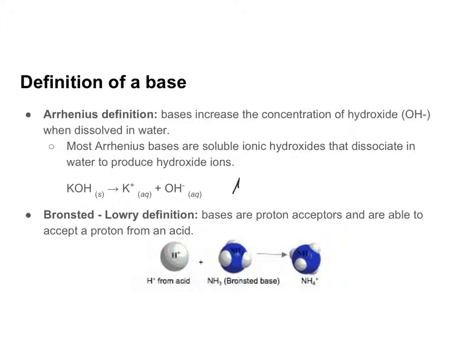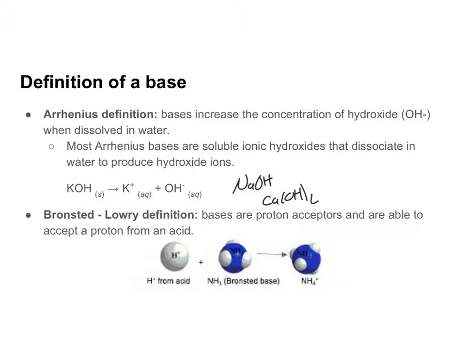Another one would be something like NaOH and Ca(OH)2. Those are all examples of bases that can be found by dumping them in water, and they produce hydroxide ion and increase the concentration. The Bronsted-Lowry definition of a base is a proton acceptor, and as a result, it'll take a proton from an acid.